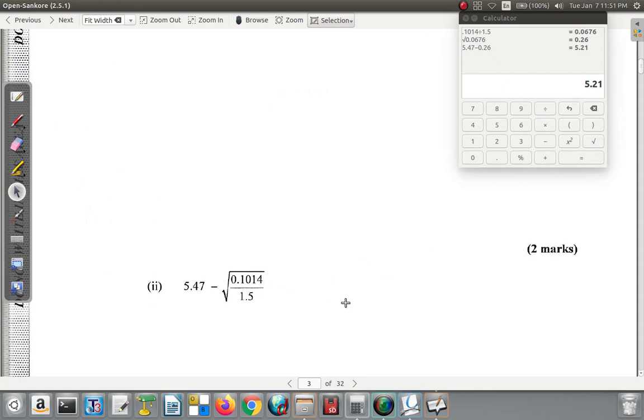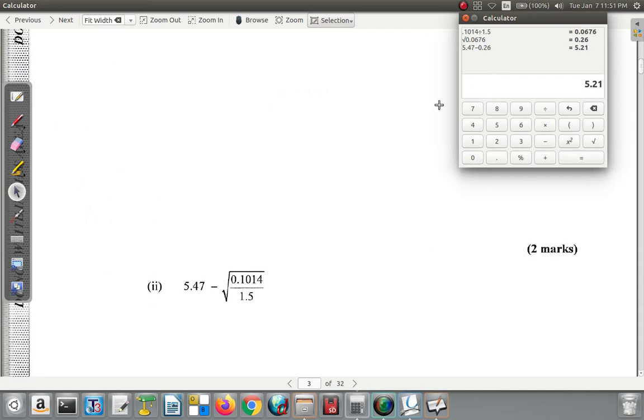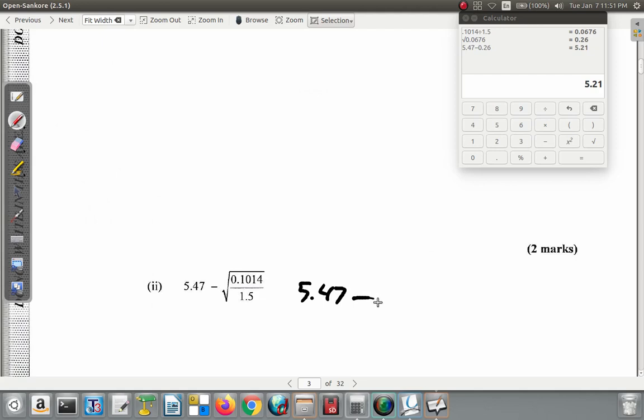Oh, good. So, what you could do, let's just do a rerun. You would say 5.47 minus what? It would be, in this case, minus 0.1014 over 1.5, and you get the square root.